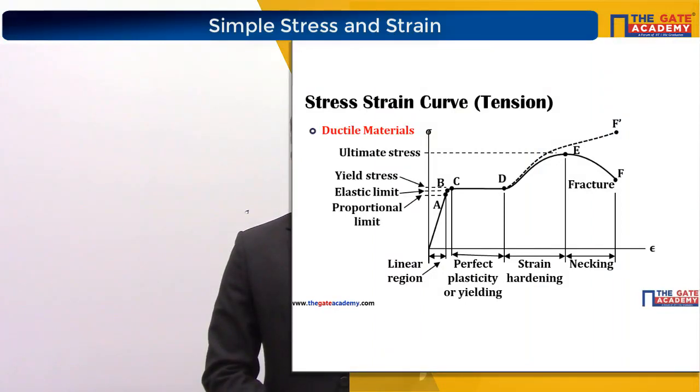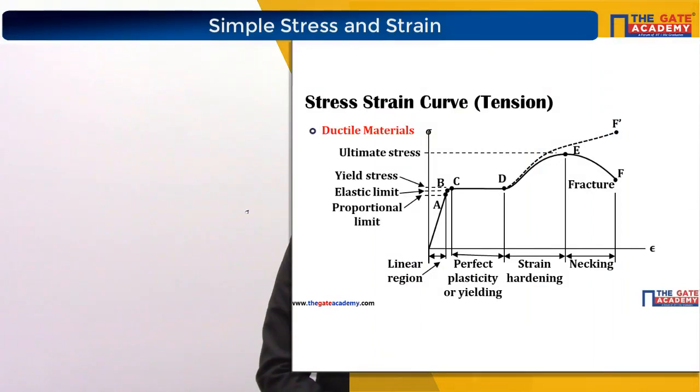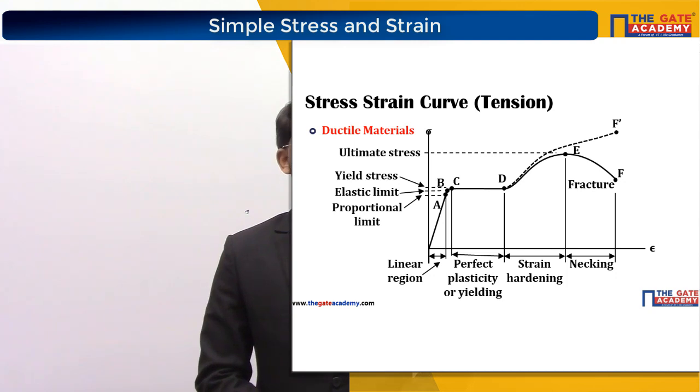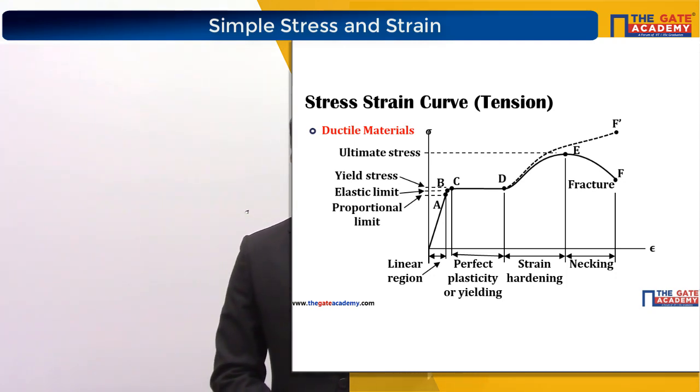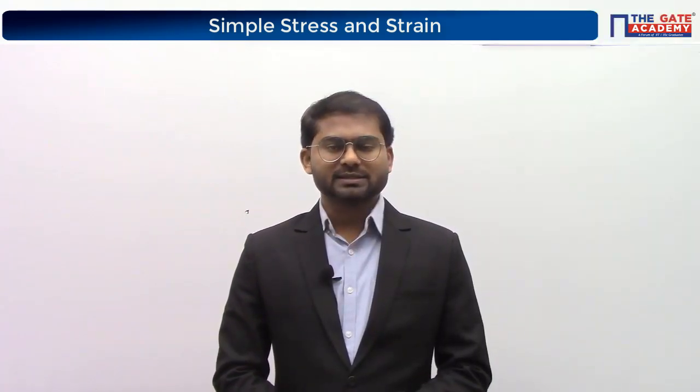We are going to study the first one, that is, ductile material under tension. To draw this diagram, we use a universal testing machine, and we apply a load which gives rise to stress. In this experiment, the setup helps you get the value of load and elongation.